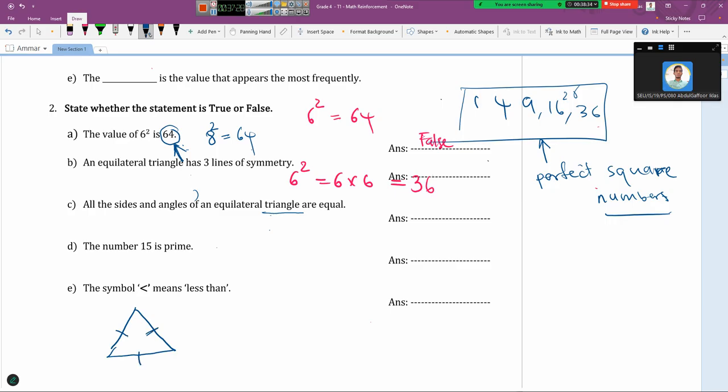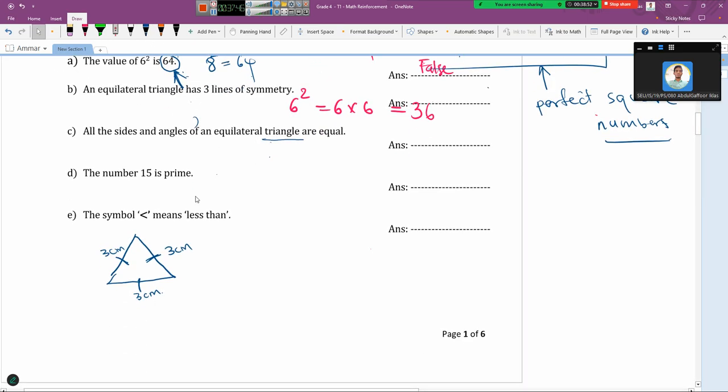If I mark like this, all these three sides are equal. Let's say this is 3 centimeter, this is also 3 centimeter, this is also 3 centimeter. So how can you call this type of triangle? Equilateral triangle. Here equilateral triangle means all three sides are equal, right?